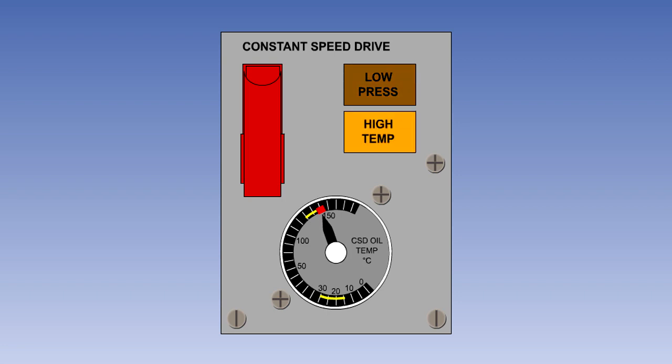The high oil temperature light is controlled by a sensor, which is monitoring the CSDU oil outlet temperature. It will illuminate if the oil temperature becomes excessive. If either warning light illuminates, or the oil temperature on the gauge reaches the red arc, then the emergency checklist will normally call for the CSDU to be disconnected.